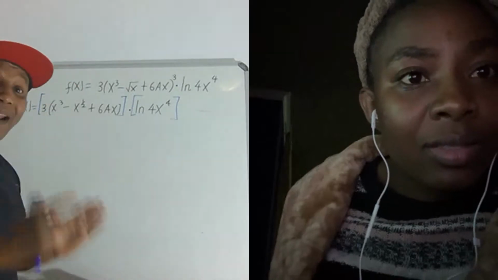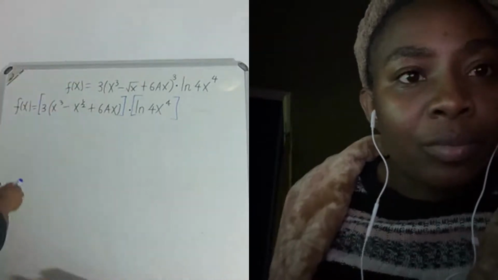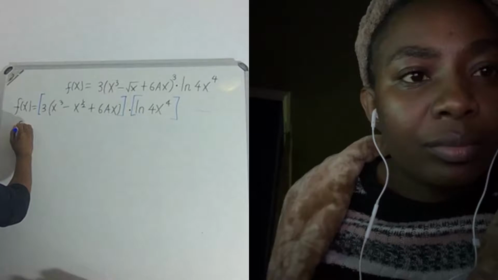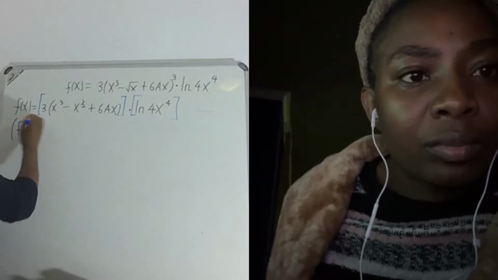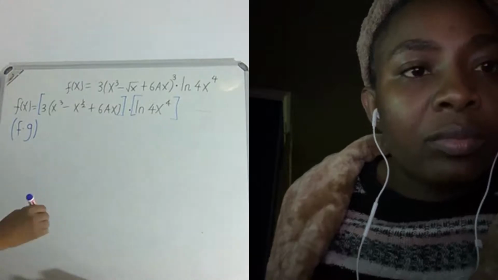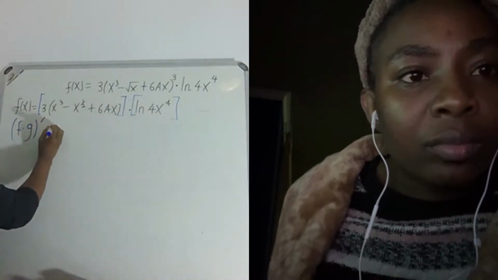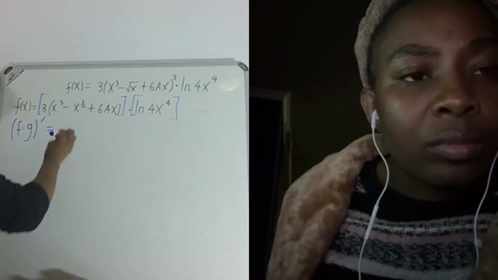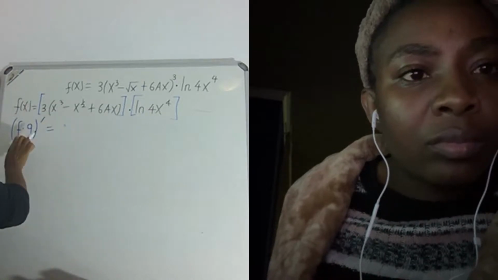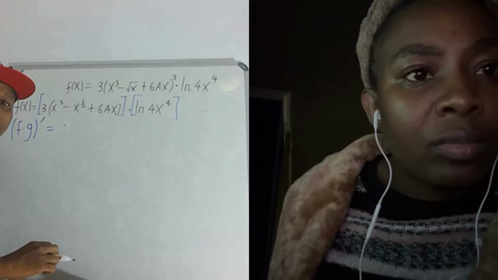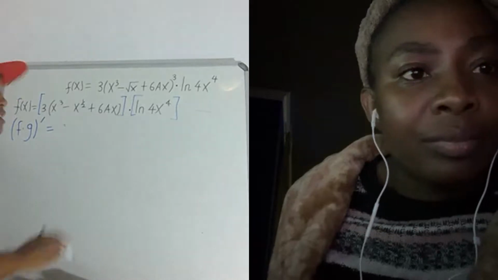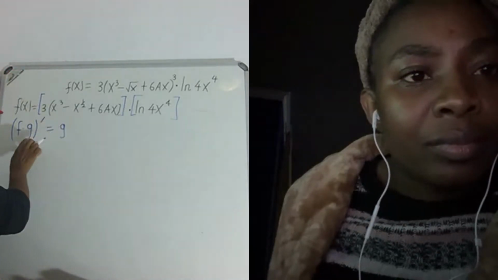If it's a product group, I know the product rule: if I have f times g, meaning I multiply two functions, when you differentiate, which one is constant first, the first or the second? The second is going to be constant, most of the time.